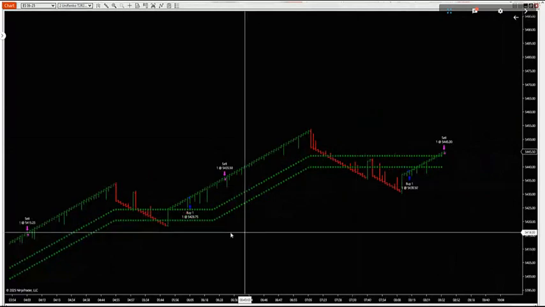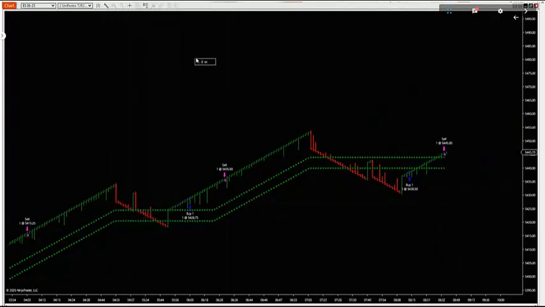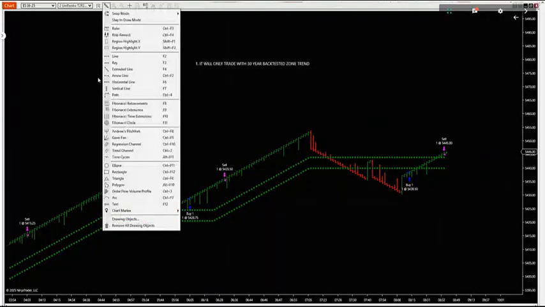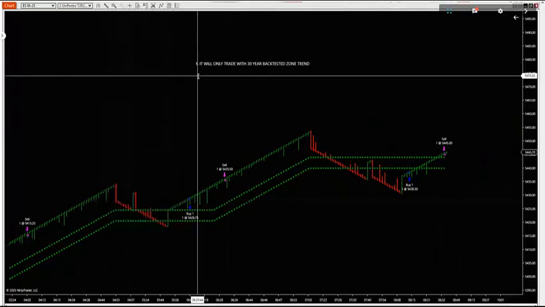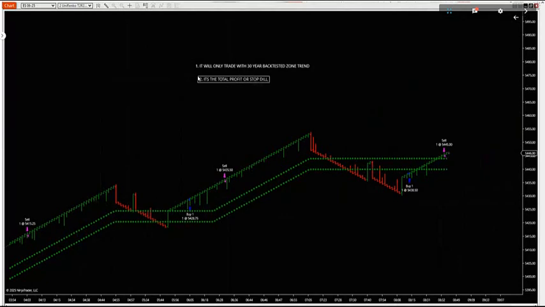So the key is this. One, it will only trade with the 30-year back-tested zone trend. Two, it's the total profit or stop dollar amount it's going for per trade, no matter how many contracts you do.